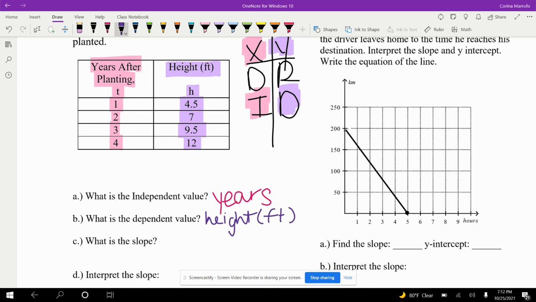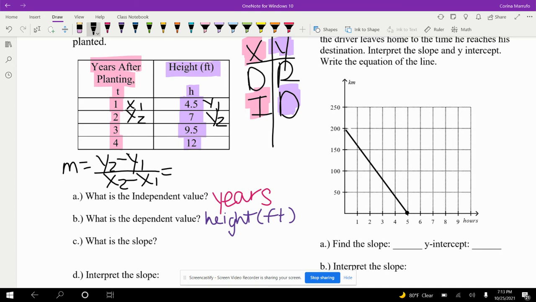Then it says, what is the slope? So in order for us to find the slope here, we're going to go ahead and use our slope formula. Okay, just in case you don't remember, it's m equals, we subtract the Y values on top, because remember our Y values is our rise over our run. The X values on bottom. So then I'm going to go ahead and pick a point. This would be my X1, Y1. And this would be my X2, Y2.